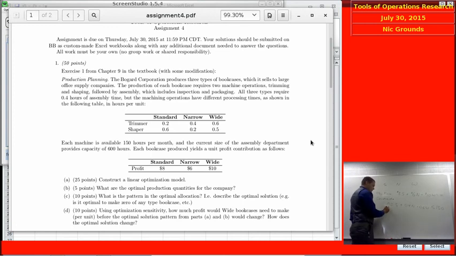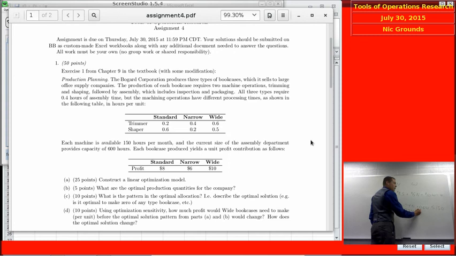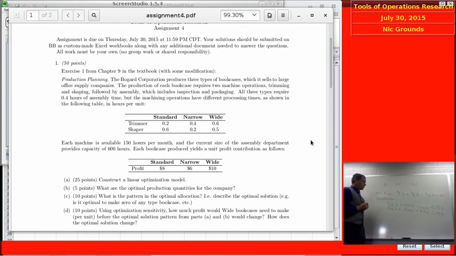And similarly for the machine or operation known as shaping, different coefficients, but it is similarly limited to 150 hours. Okay? So we have our decision variables, we have our objective function, the first two of our constraints.